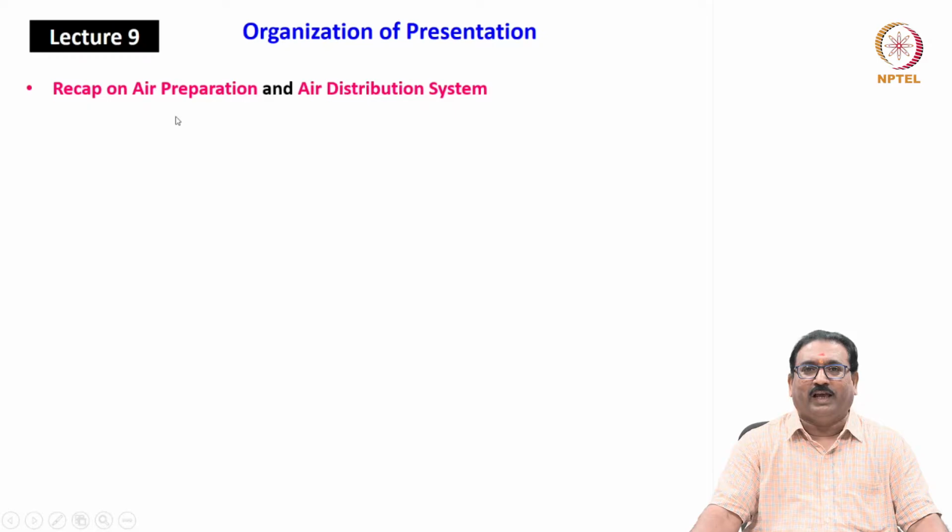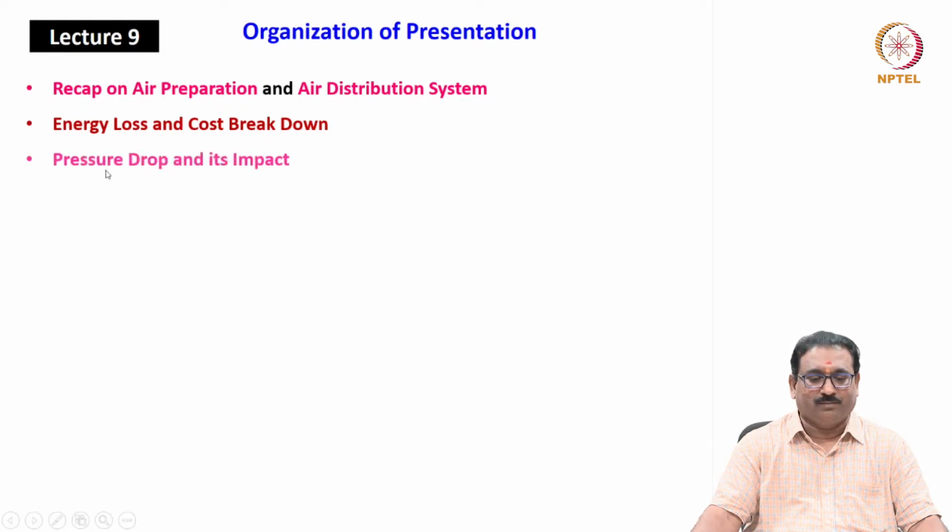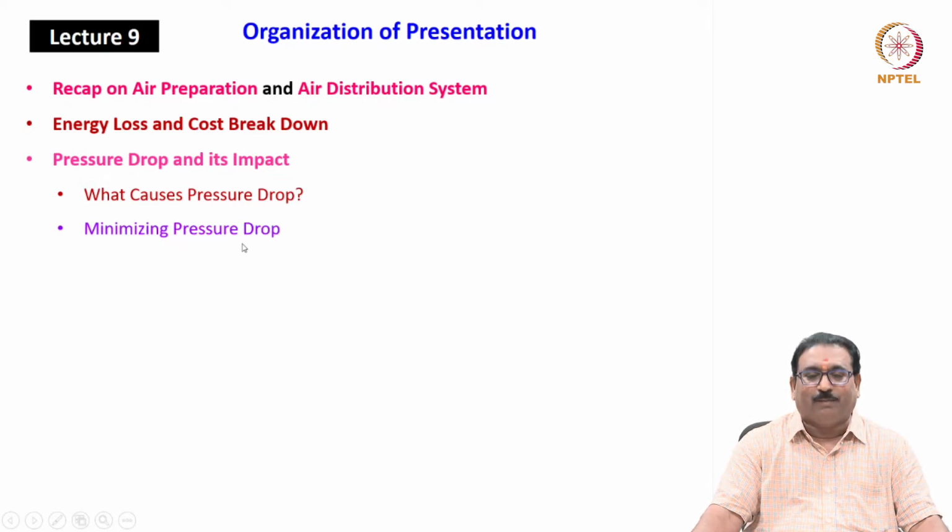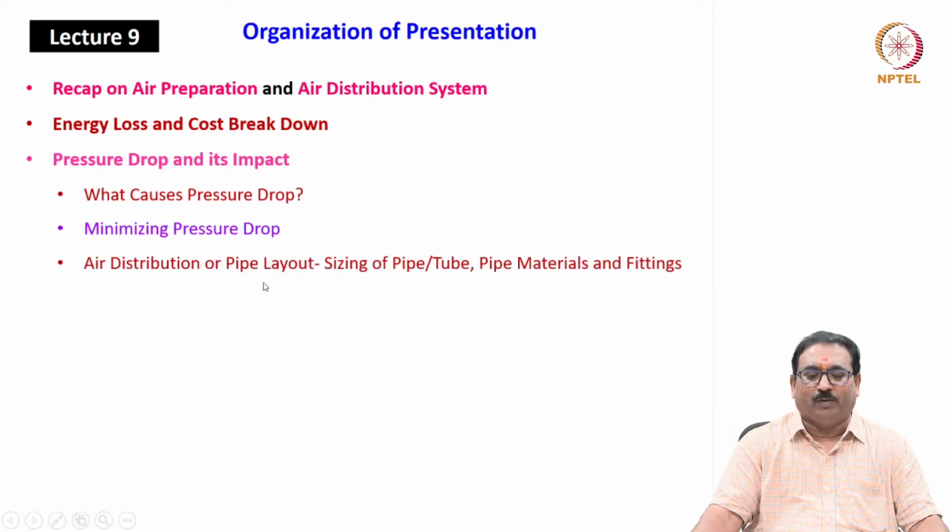Let us very quickly recap air preparation and air distribution system, which is an input to this lecture. Energy loss and cost breakdown, pressure drop and its impact. Here we'll discuss what causes the pressure drop, how to minimize the pressure drop, air distribution or pipe layout, basically sizing of the pipe and tube, pipe materials and fittings.